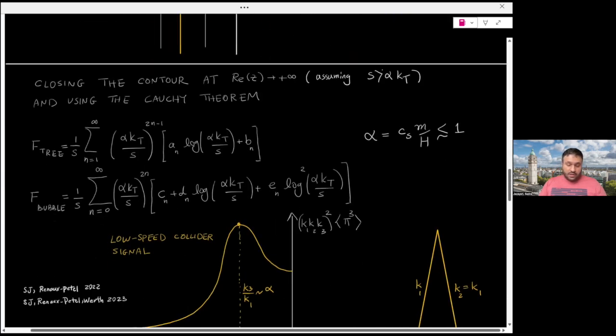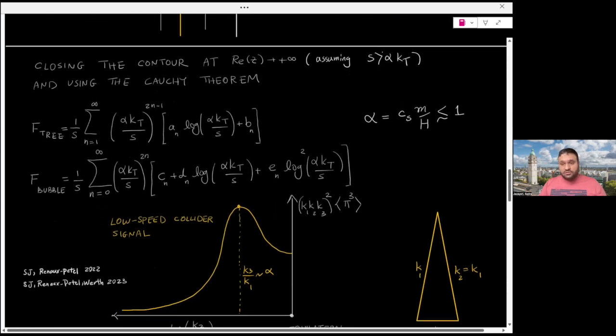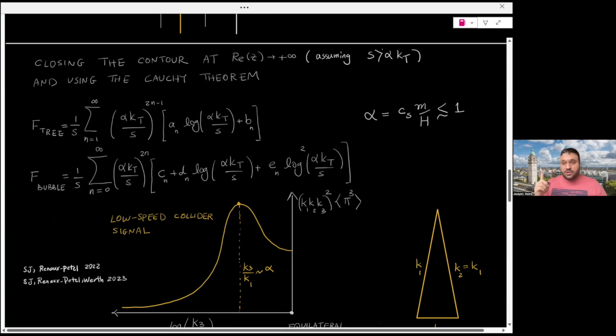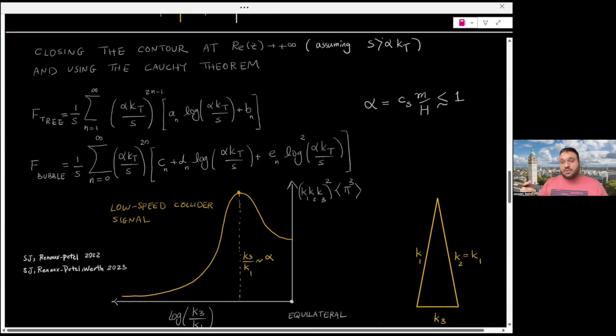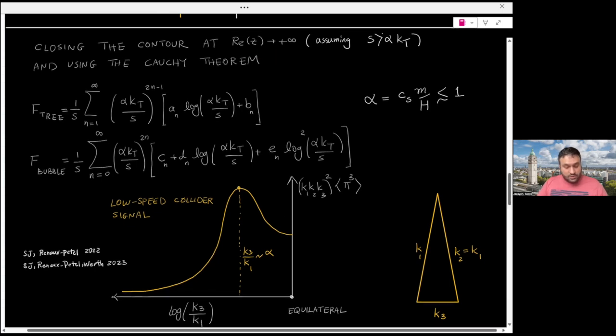And you can make a suitable deformation of your original complex contour such that you pick up some residues, and then you can evaluate your integral. So in our case, if we assume that we are in this regime where the intermediate momentum S is bigger than alpha, which is c_s times the mass, times the total energy, then we should close the contour on the right-hand side, where the real value of z goes to infinity.